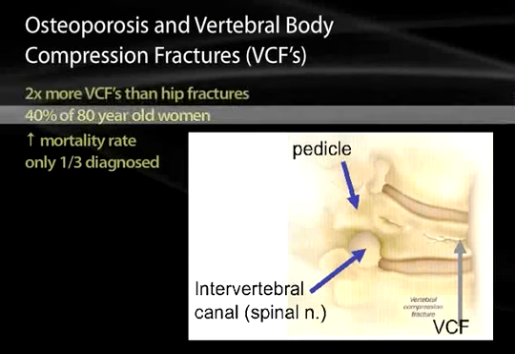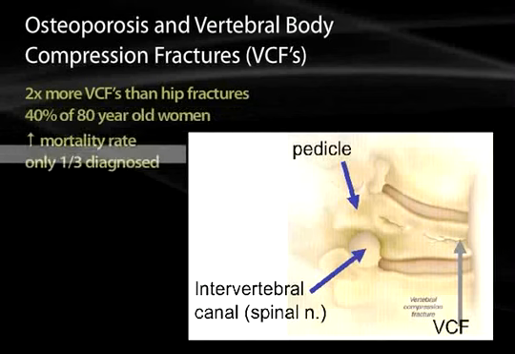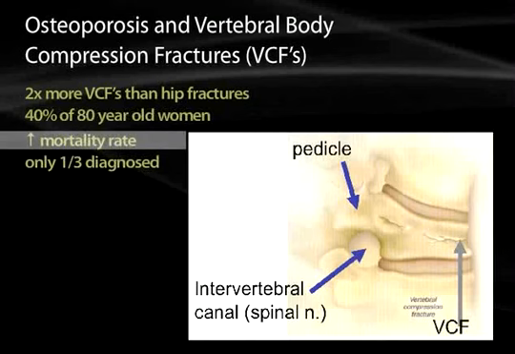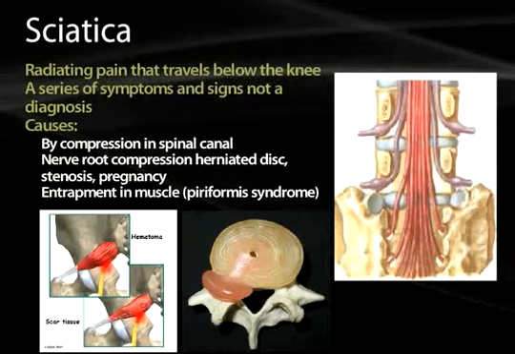In fact, 40% of women 80 years or older will have some form of osteoporotic vertebral compression fracture. But many of these go undiagnosed, and the mortality rate is similar to that of hip fractures, but because of the loss of diagnosis, only 1/3 of them are actually given assistance.